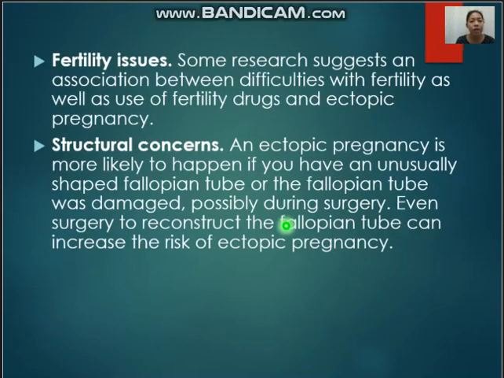Some research suggests an association between difficulties with fertility as well as use of fertility drugs and ectopic pregnancy. Another issue which highly contributes to ectopic pregnancy is structural concerns. An ectopic pregnancy is more likely to happen if you have an unusually shaped fallopian tube or if the fallopian tube has been damaged, possibly during surgery.